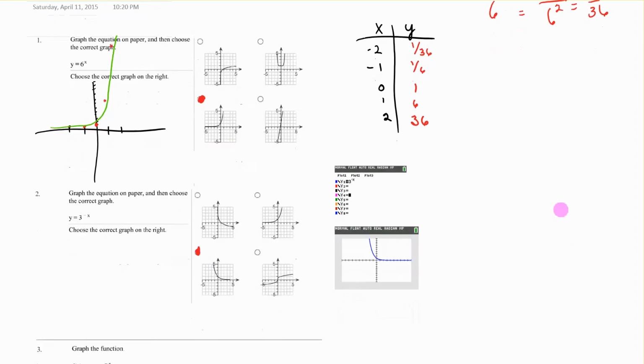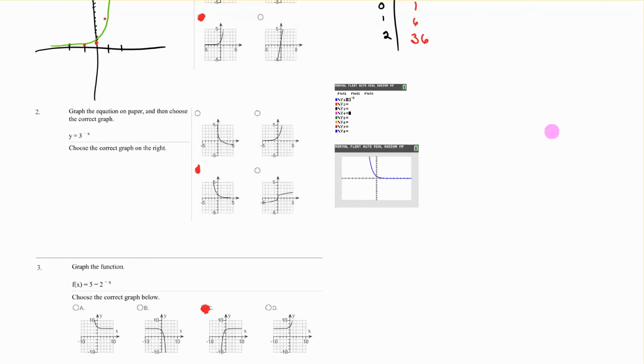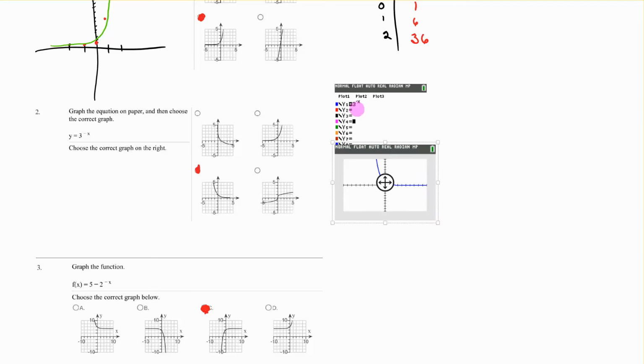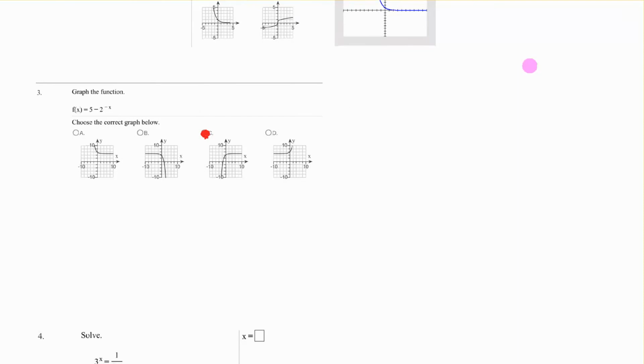You could do the same with 3 to the negative x, but I did this one on the calculator, so that can show you what that looks like. So 3 to the negative x. What we should notice is it's doing the opposite because it is a negative exponent. So we're going down this way. Okay. 5 minus 2 to the negative x.